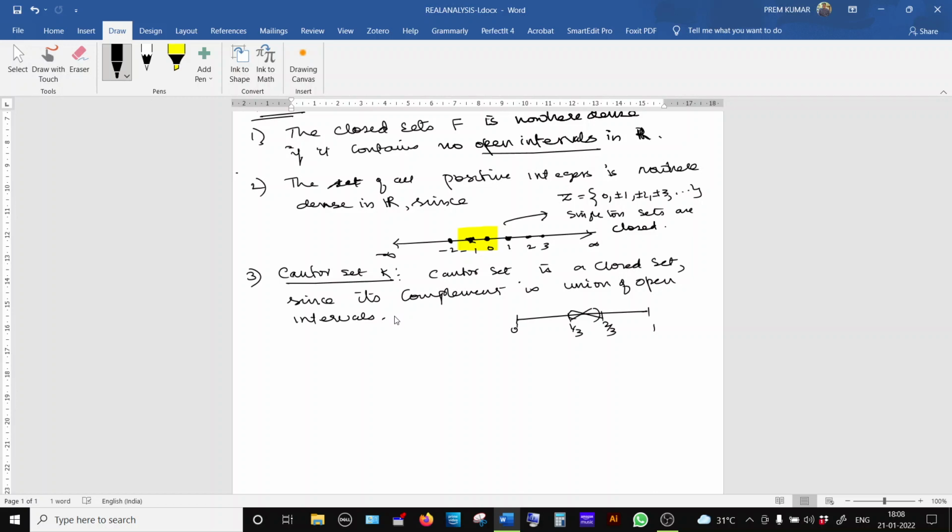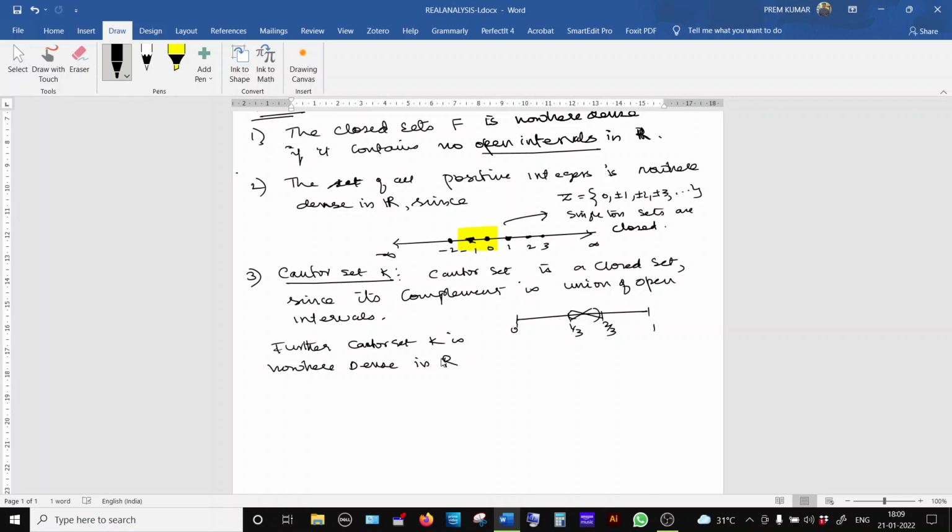And now we are going to say that the Cantor set K is nowhere dense in R. Why is it nowhere dense?